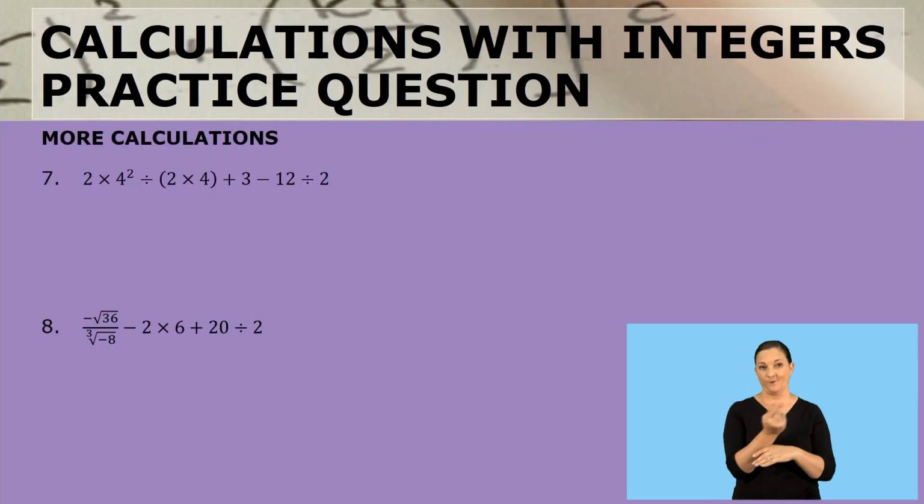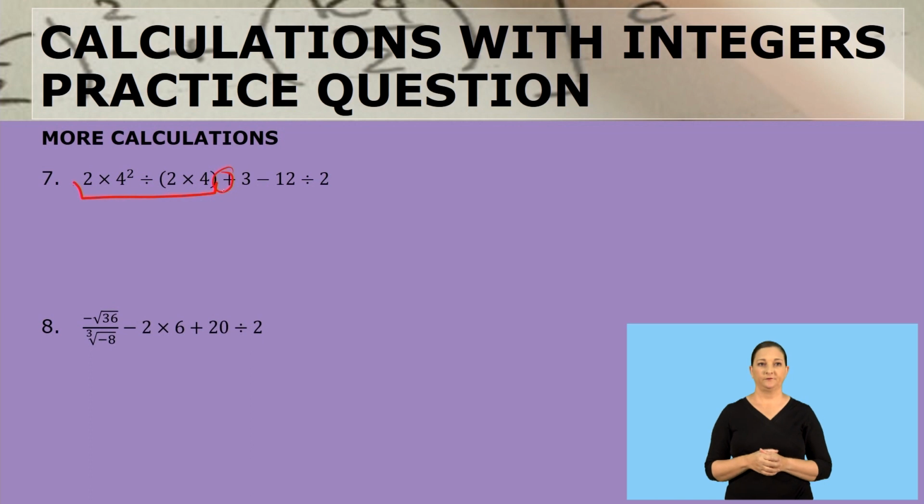Let's look at number 7 and number 8, but we're going to look at number 7 first. Multiple operations work on either side of the addition or subtraction. So there's the addition there. That means we are going to work with that one side.